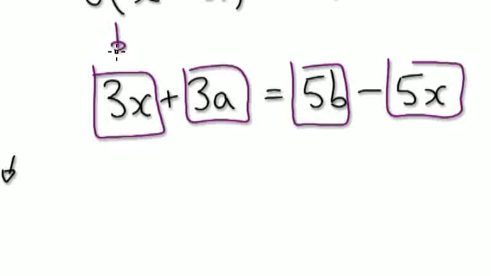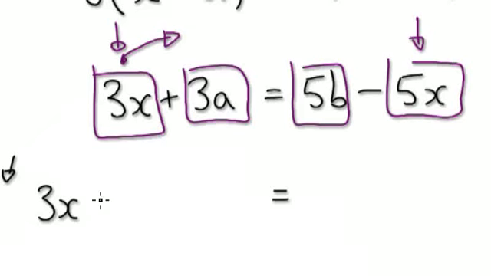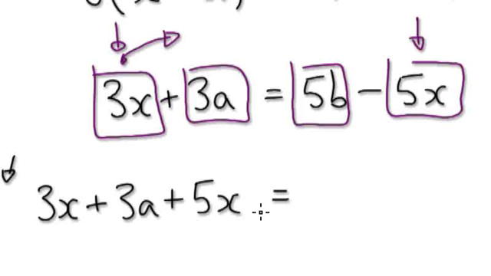Here you've got x, and you've got x here. Rather than moving this across by taking away 3x, I'm going to add 5x to both sides. So 3x plus 3a plus 5x on this side, and on this side we've only got 5b.